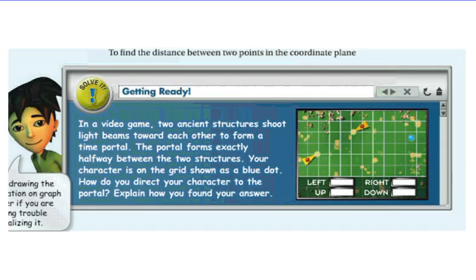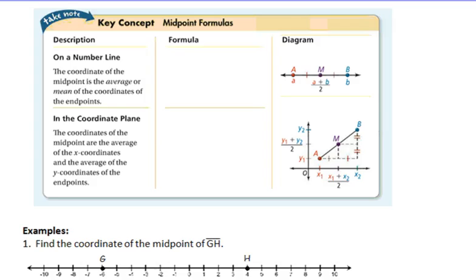All right, so we're going to skip this, and we're going to go straight to midpoint. I don't have a definition, but midpoint really is, well, here it is. On a number line, it's the coordinate that is the average or the mean of the coordinates of the endpoints.